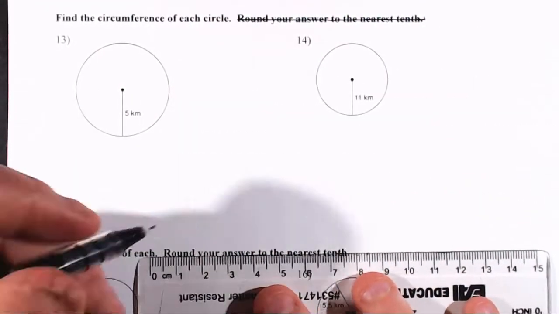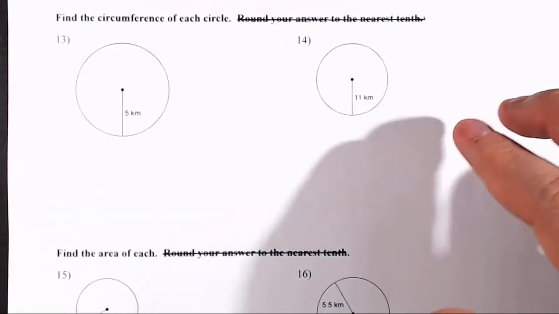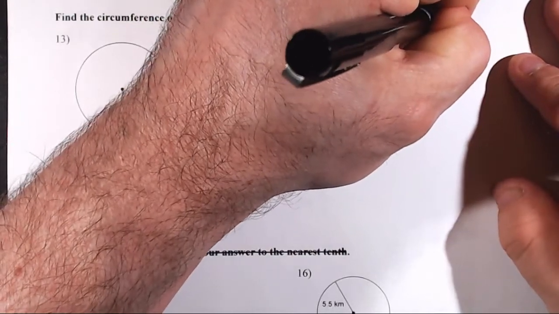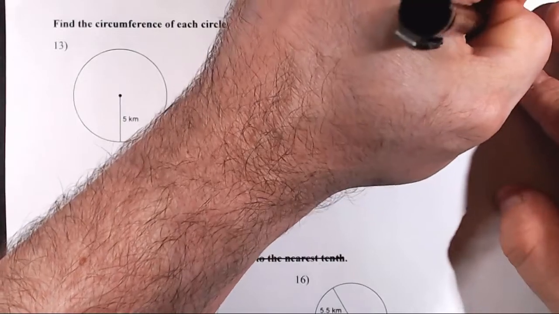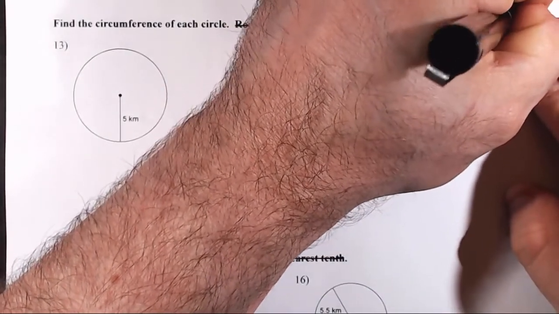I'm going to junk this instruction. I don't want you to use this approximation. Instead, we will leave pi equal to just the symbol pi.